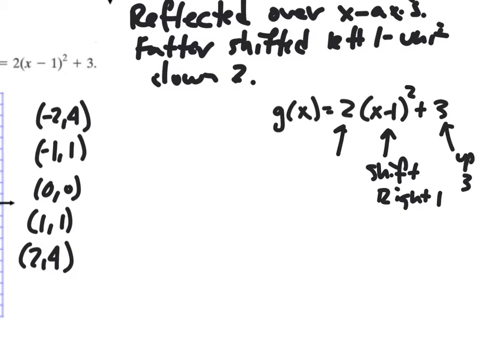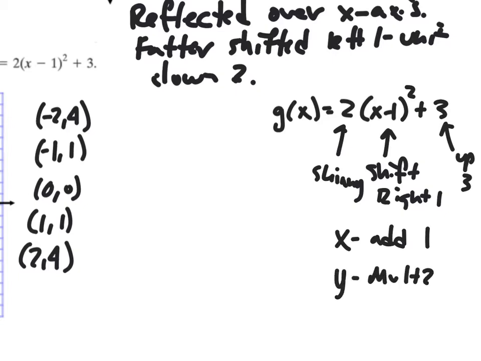And this is going to make the graph skinny. So for the x values, I want to add 1. For the y values, I multiply by 2 and then add 3. That's how I'm getting my new points.